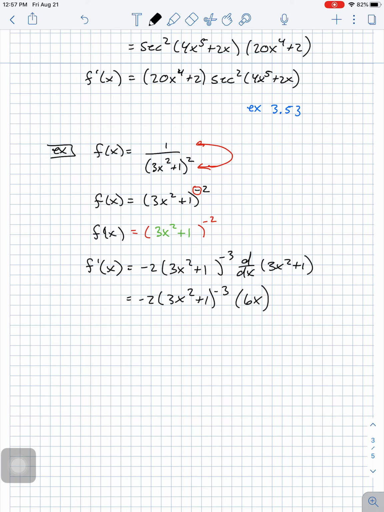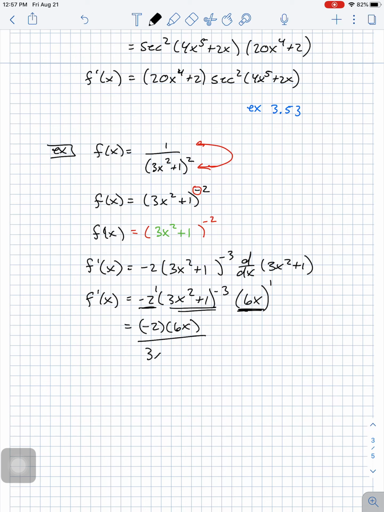Okay, and sometimes it's helpful to simplify. Changing these powers, negative, positive, and back and forth, is really a powerful tool. Please get used to that and do it often, because now it's really nice to simplify by throwing this piece back downstairs. So I'm left with a -2 and a 6x up top. These pieces stay upstairs because their powers are positive.